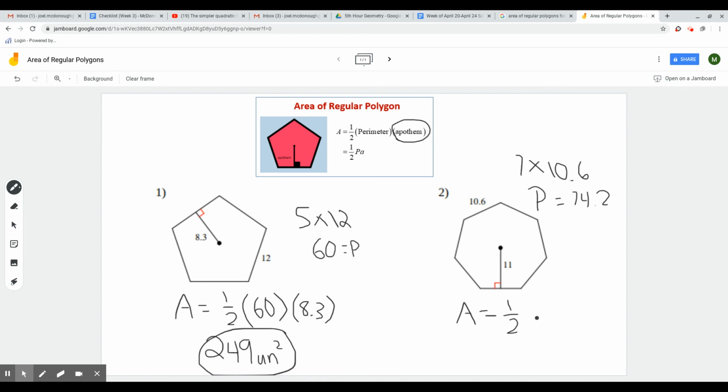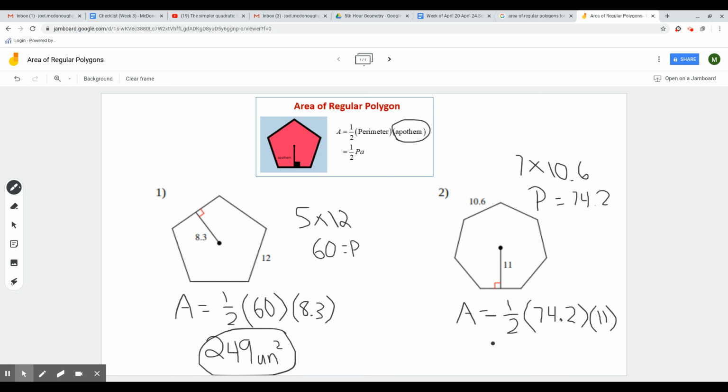Okay, so I would take 1/2 times my perimeter, which is 74.2, and then multiply that by my apothem, which is this right here, 11. So on my calculator, I would take 1/2, which is the same as 0.5, multiply that by 74.2, and multiply that by 11.